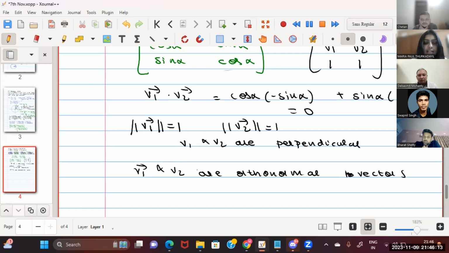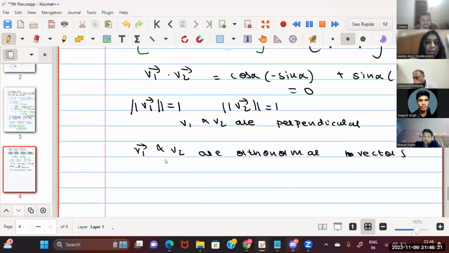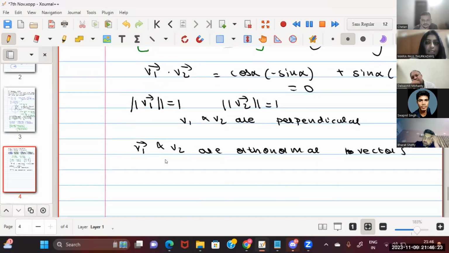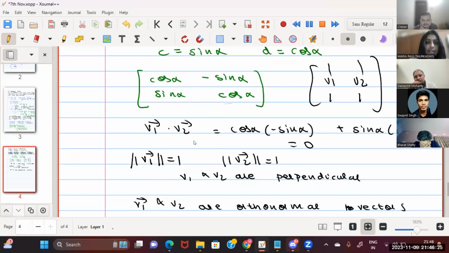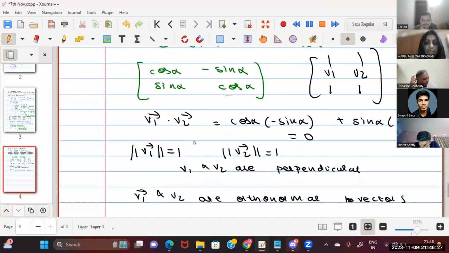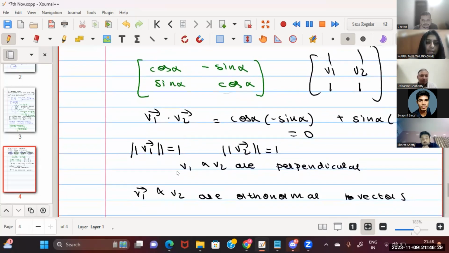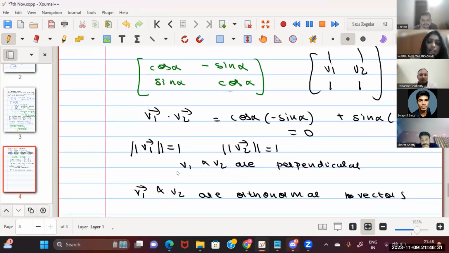Ortho comes from the fact that they are perpendicular to each other, and normal means that the magnitude or norm is 1. So whenever we apply this matrix that preserves the norm, we realize these are the properties of the matrix that give you this property.